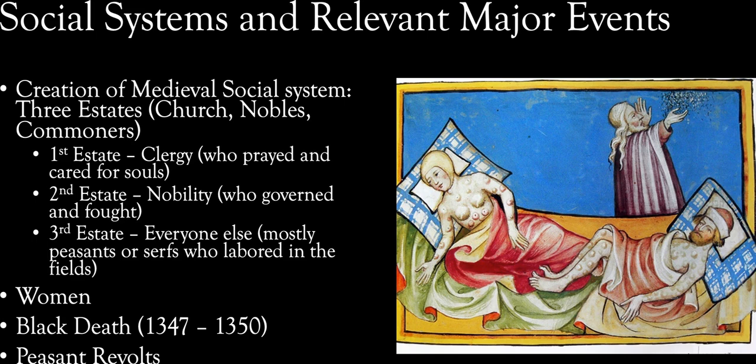It does help the decline of manorialism, and it does also change the economy as we start to see labor services converted to wages. So instead of just labor service, people are being paid a wage. The transition from a labor and service-based economy to a more cash-based economy is another effect of the Black Death on Europe.